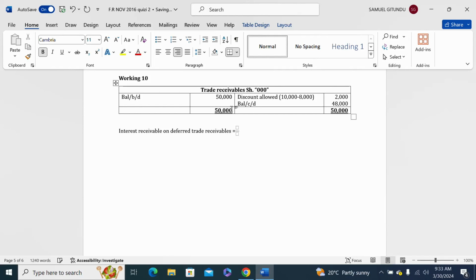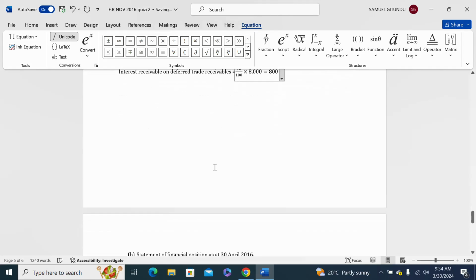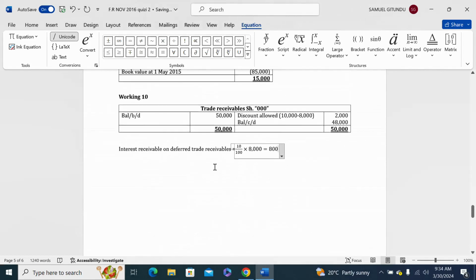Therefore, the interest receivable on the deferred trade receivable is 10 of 100, multiplied by 8 million, and we are getting the interest receivable of 800,000.